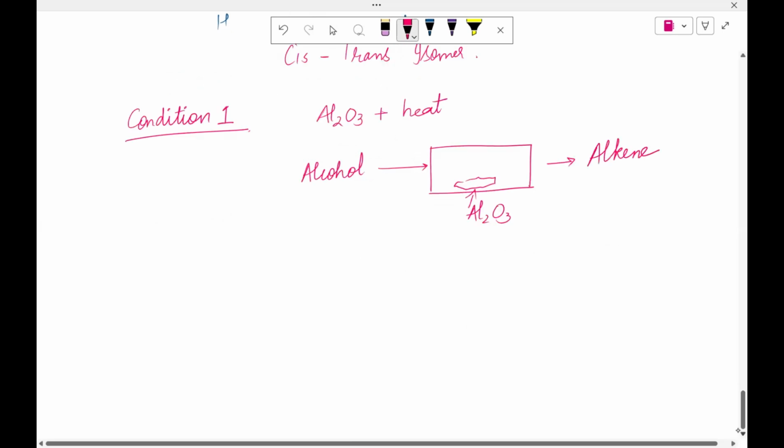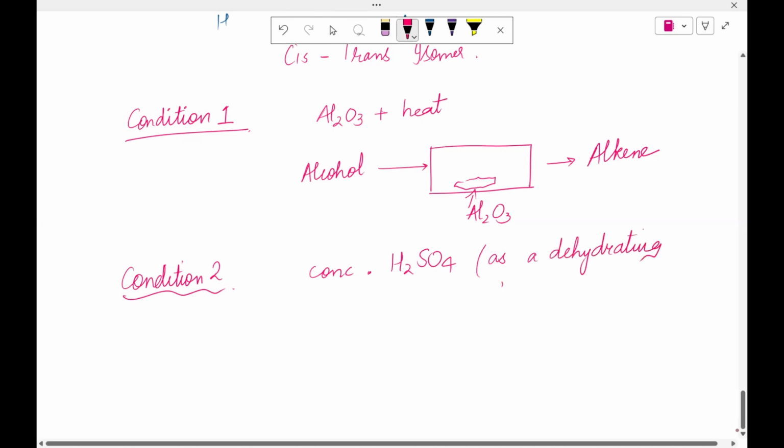The second condition: we can use either condition, so these two options are available. That is concentrated sulfuric acid. If concentrated sulfuric acid has to be used, first of all, it is used as a dehydrating agent.